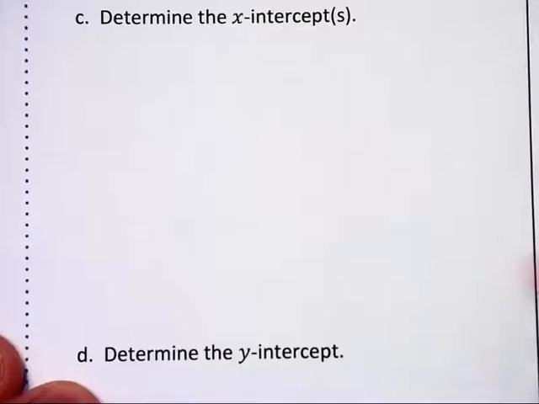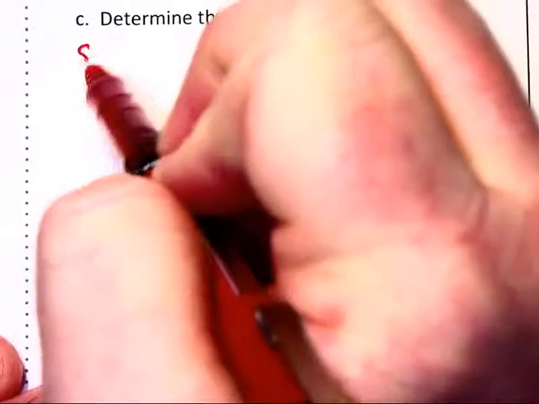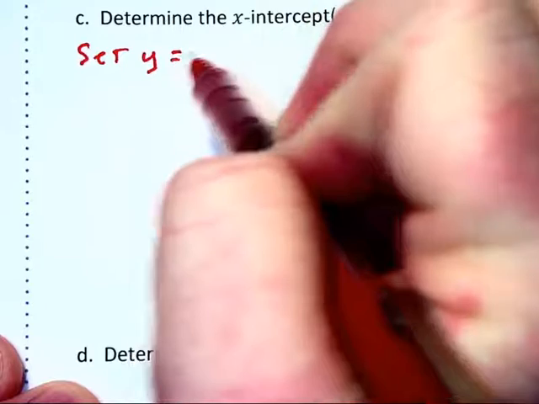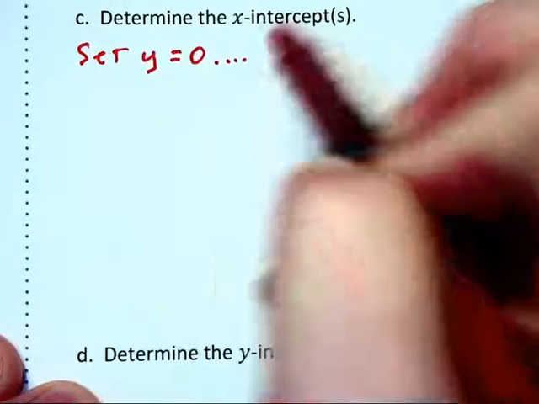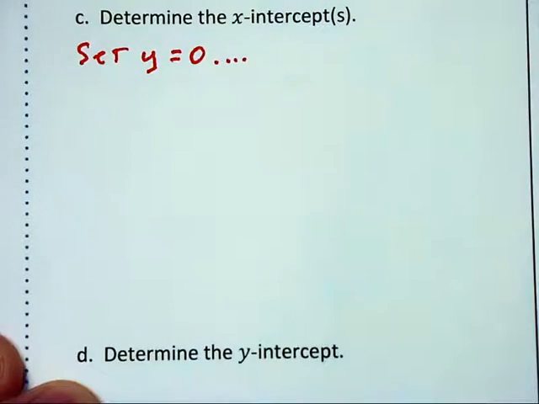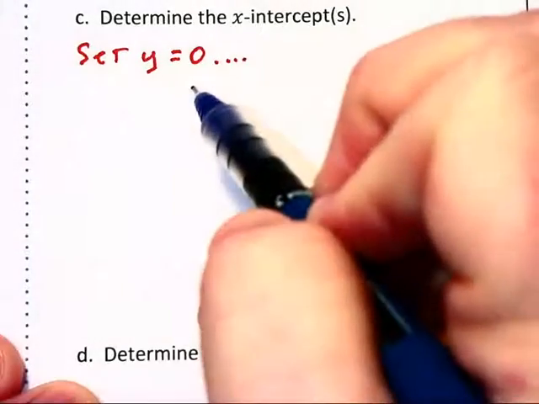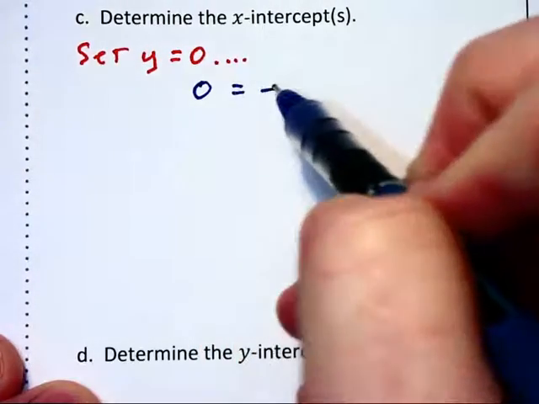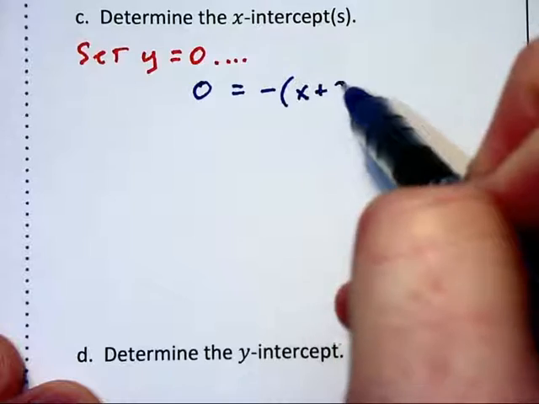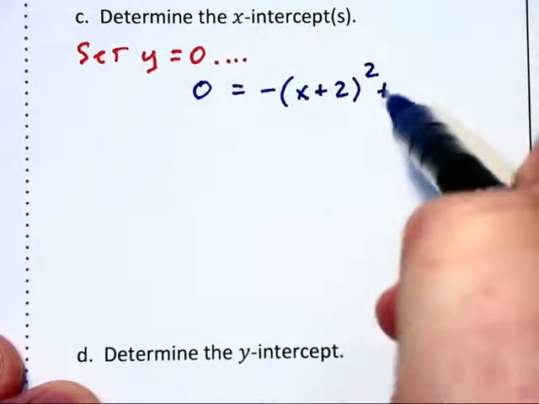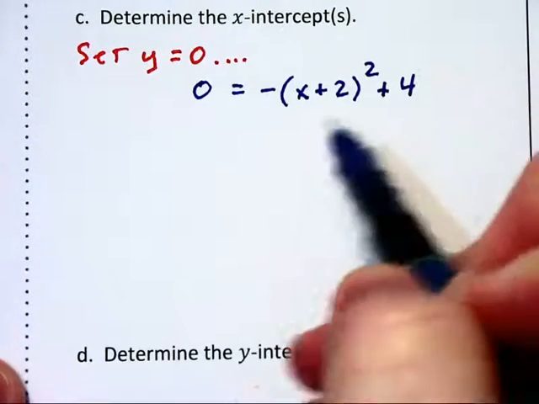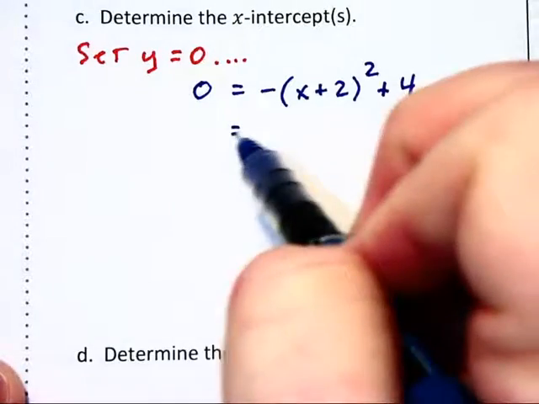To find the x-intercepts, we want to set y equal to 0. This is consistent with working with lines. We will have 0 equals negative quantity of x plus 2 squared plus 4, and I will choose to move that square to the left-hand side.